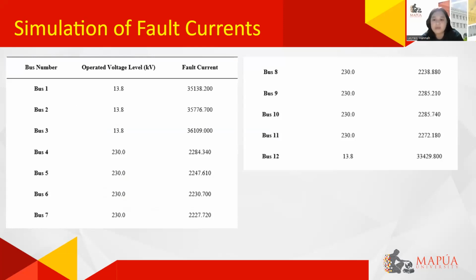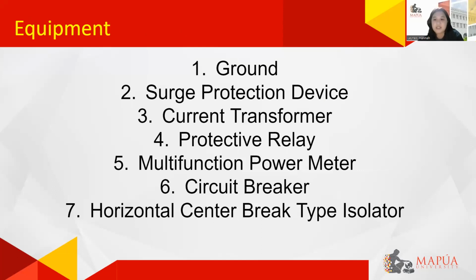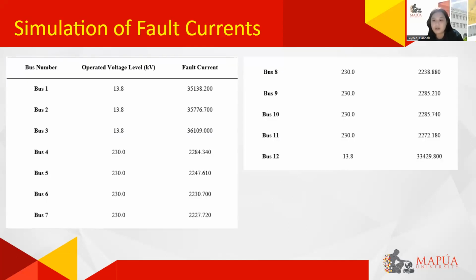And in bus 12, we have 33,000 of fault current. Bus 7 has an operating voltage level of 230 kilovolts with a fault current of 2,227.720. Therefore, the circuit breaker's short circuit current and interrupting capacity ratings need to be at least 22.3 kAIC.